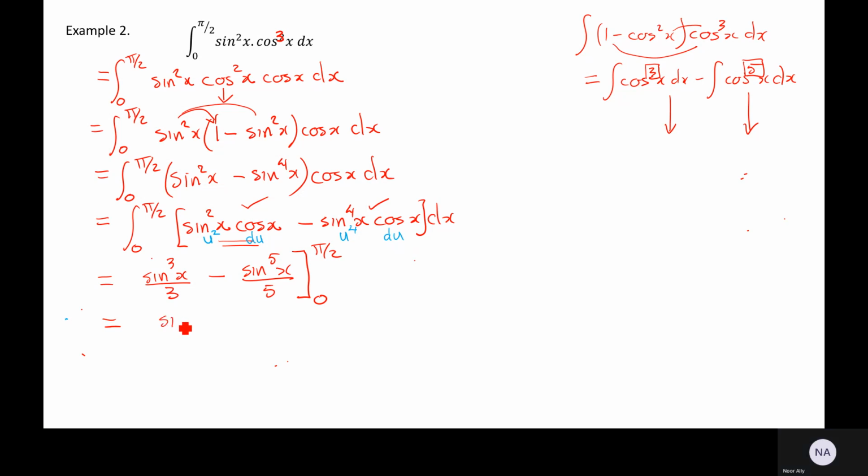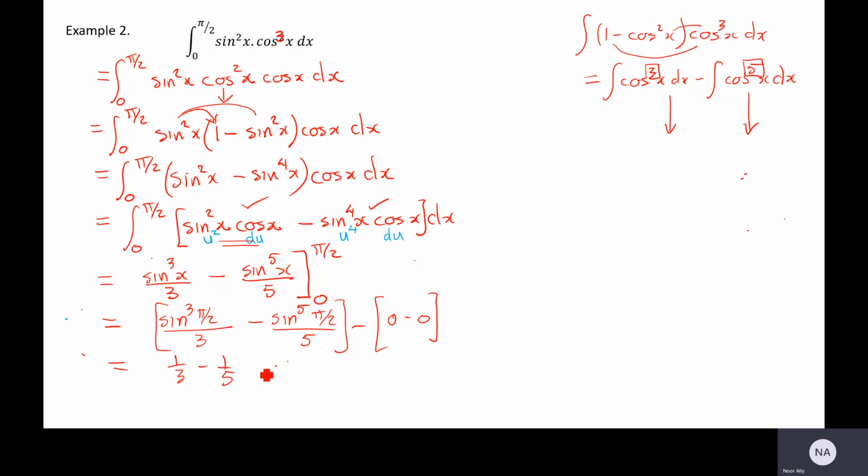Substitute sine cubed pi over 2 over 3 minus sine to the power of 5 pi over 2 over 5. There's your upper limit. Subtract the lower limit. And of course, sine of 0 is 0, so that will give me 0 minus 0. Sine of pi over 2 is 1, so 1 cubed over 3 minus 1/5. That gives me an answer of 2 over 15.